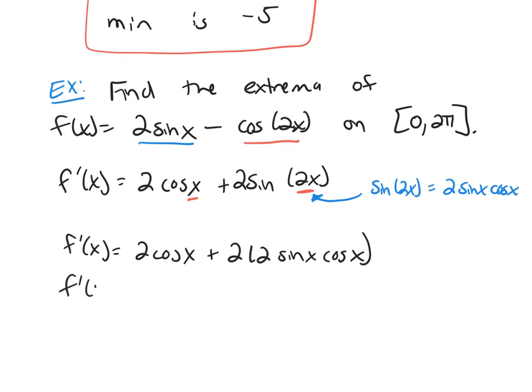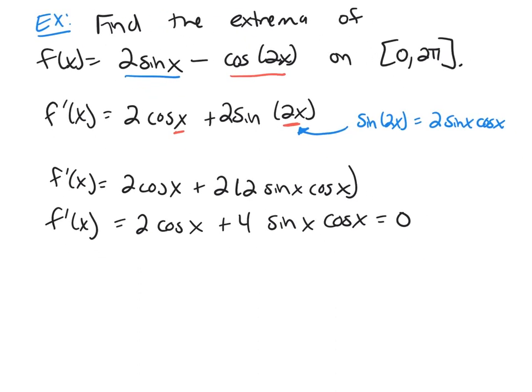So for my derivative, I'm getting 2 cosine x plus 4 sine x cosine x. I'm going to set that equal to 0. And I can factor out of both of these terms a 2 and a cosine x. So I'm going to be left with 1 plus 2 sine x.